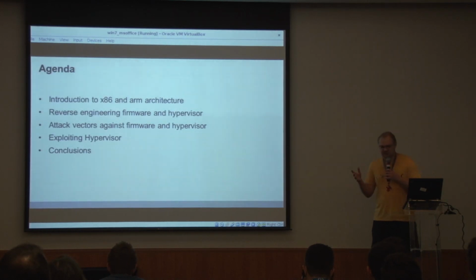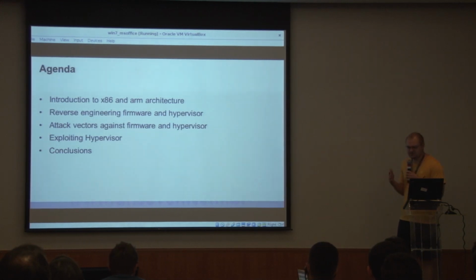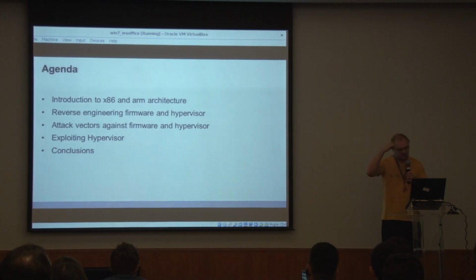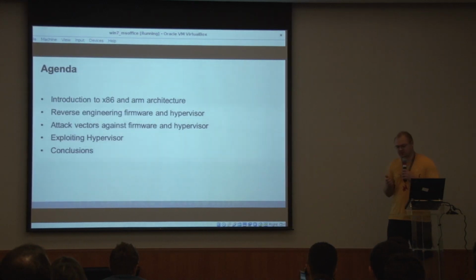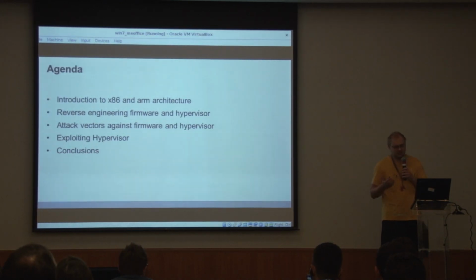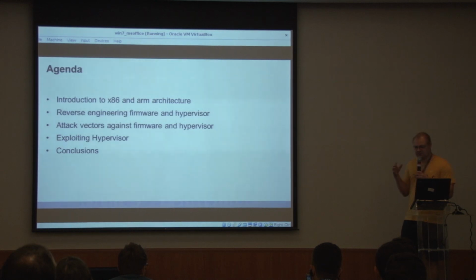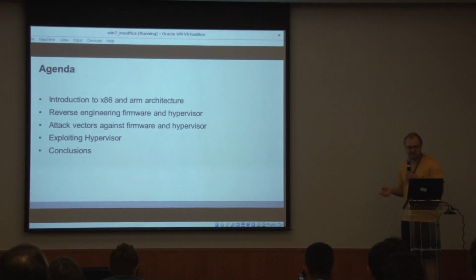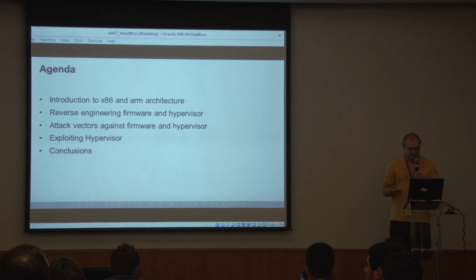Then I will go through some of the details about hardware configuration and how it's done on different platforms. Then there will be a bit about reverse engineering, and that part was especially interesting because before we did that research on ARM, we didn't have experience with ARM at all. This will give you an idea of how to start investigating a new system which you have never investigated previously, some new architecture: where to start, what kind of method to use, and so on.